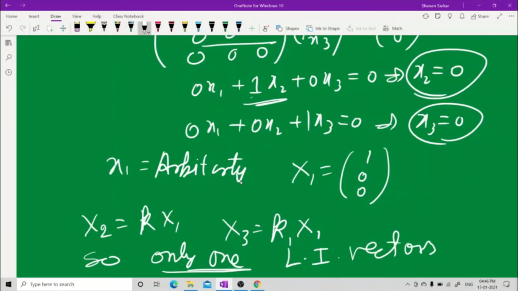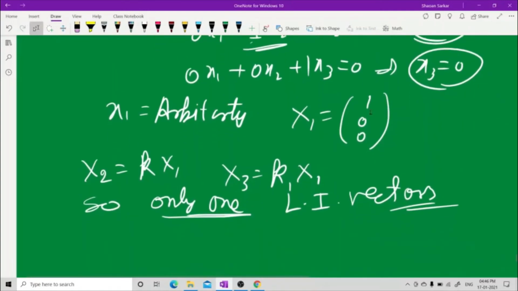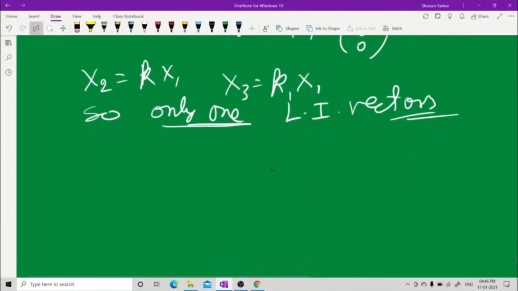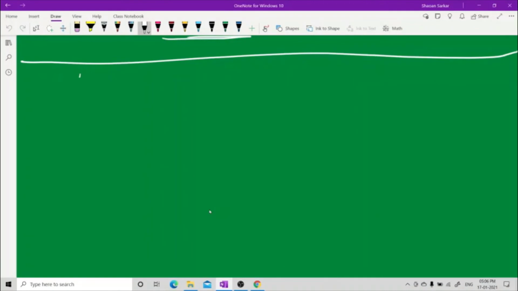I hope with this you have understood the concept of linearly independent vectors and how to find eigenvalues and eigenvectors. Let me take a question. The matrix A is 2, -1, 1, then -1, 2, -1, and then 1, -1, and 2.